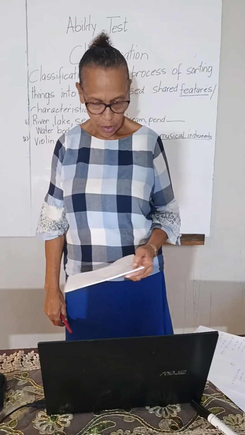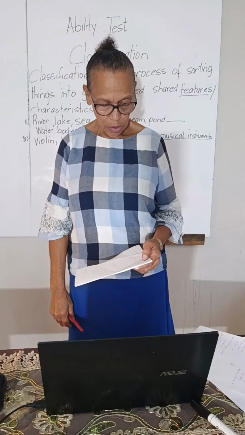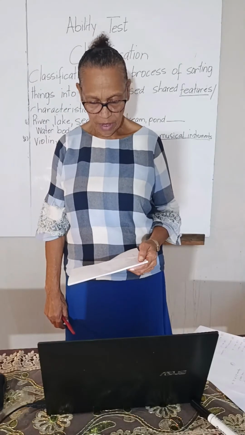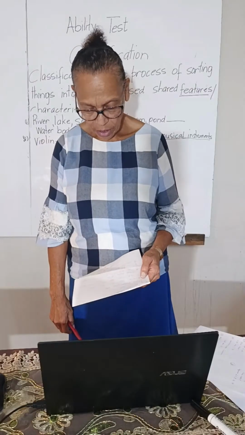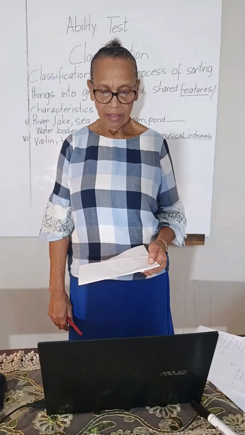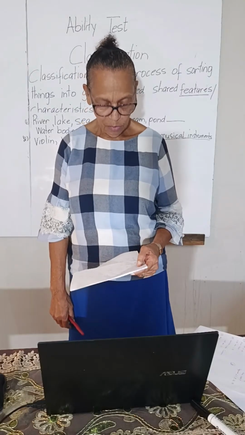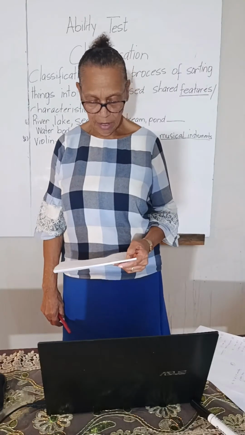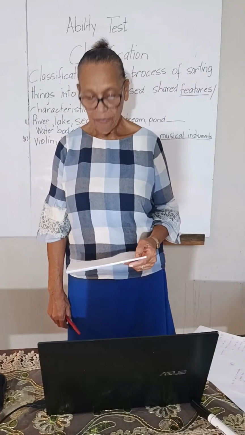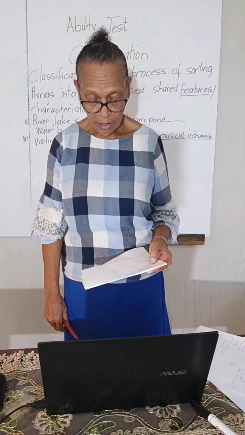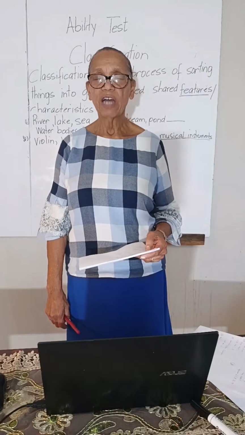Number 2: shirt, trousers, skirt, jacket, and that is clothing. Next one, number 3: Canada, Brazil, France, Japan, Australia. Those are countries.